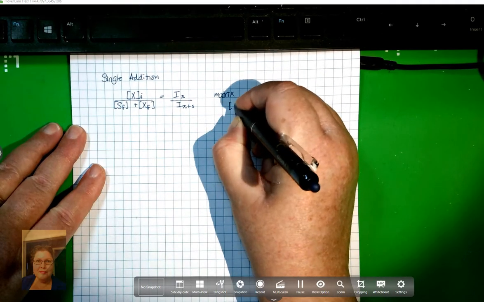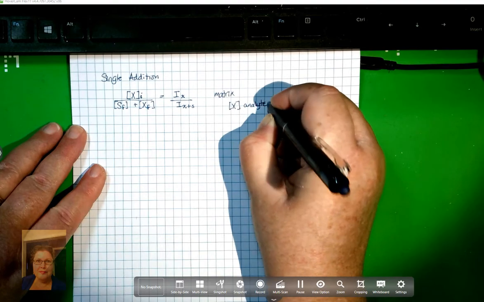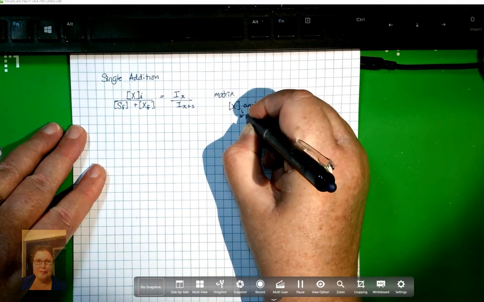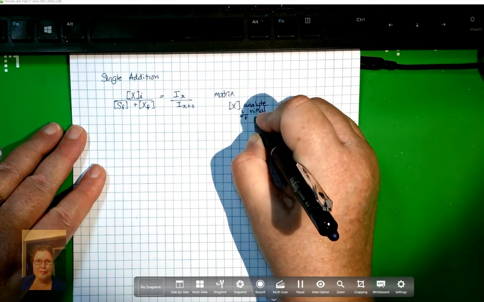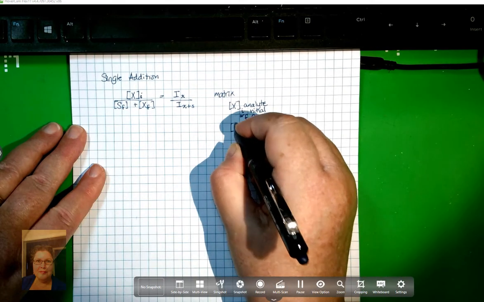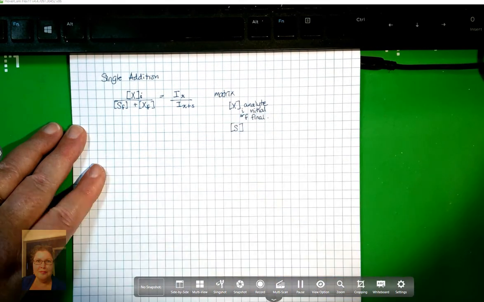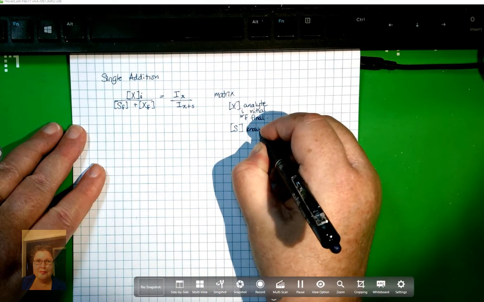The first thing means this is our analyte, and notice that they use a subscript that's either I or F, meaning initial or final concentration, and we'll look at what that means in just a second. We have a concentration of a standard of the same analyte. So this is just a known concentration of analyte.